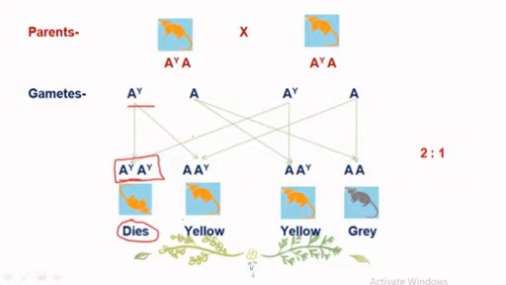Now see this AY, when it pairs with A of the other parent, it will give the genotype AAY. So a yellow mouse will be formed. In this case, the second allele of the first parent fuses with the first allele of the second parent, giving AAY.